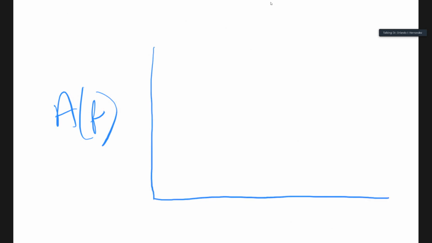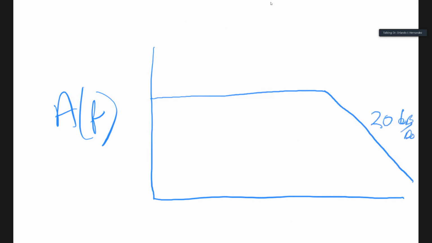So if you look at the open loop gain as a function of frequency, you may see something like this. And this will decrease at 20 dB per decade.